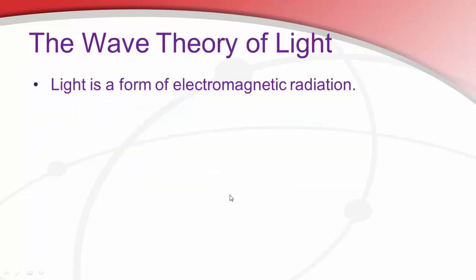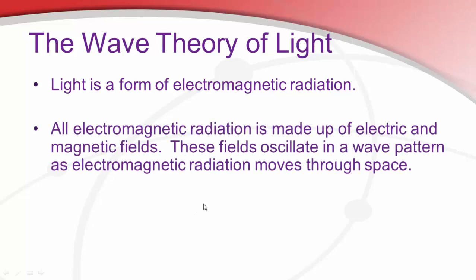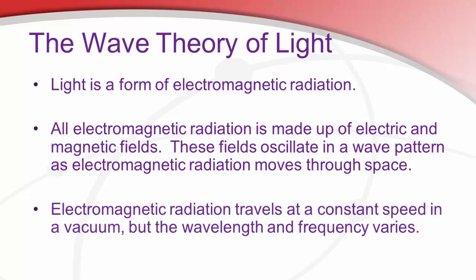So let's diverge a little further and let's talk about the wave theory of light. Light's a form of electromagnetic radiation. All EM radiation is made up of electric and magnetic fields that oscillate in a wave pattern. And it travels at a very famous constant speed in a vacuum.